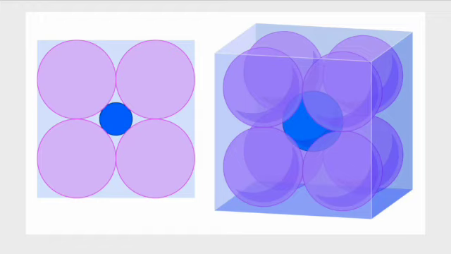As you can see, we have these circles within this square, and these spheres within this cube.